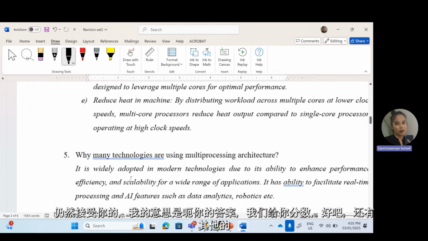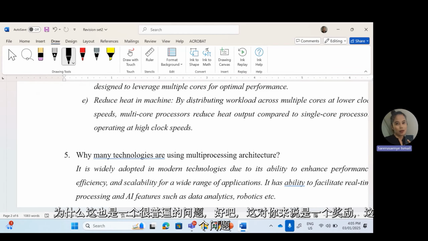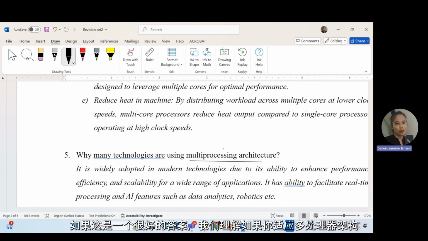Okay, the next question is why many technologies right now use multiprocessing architecture. This is also, I think, a very general question. It's a bonus for you if it's in the final exam. We understand that if you adopt the multiprocessor architecture, nowadays users' expectations or demands are all on real-time transactions.